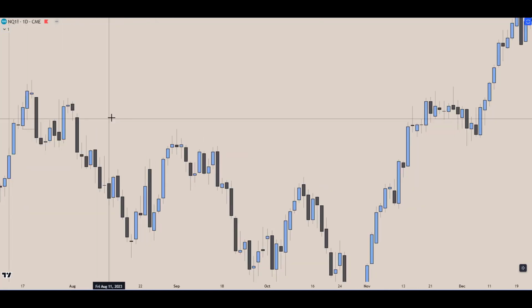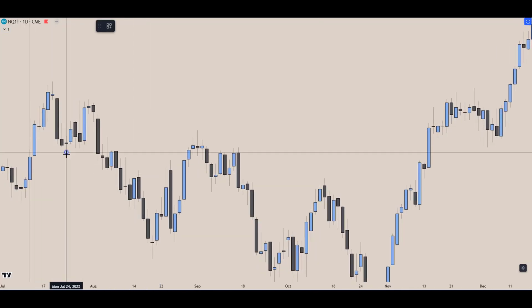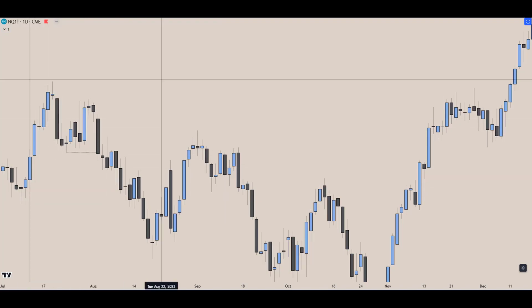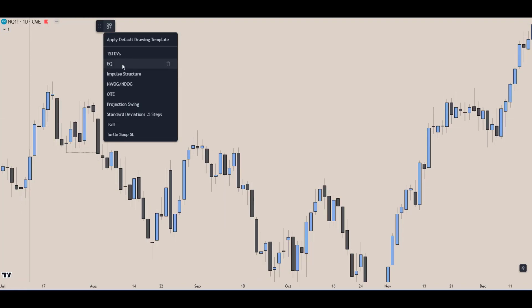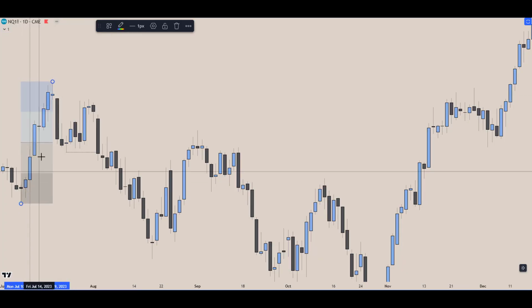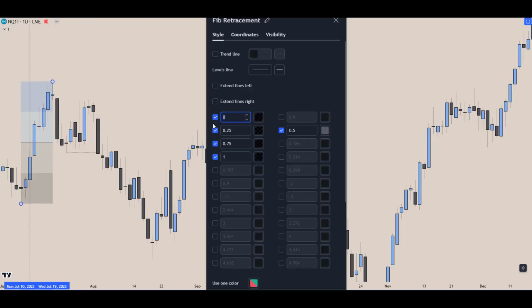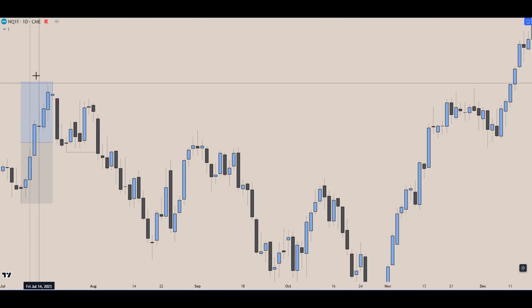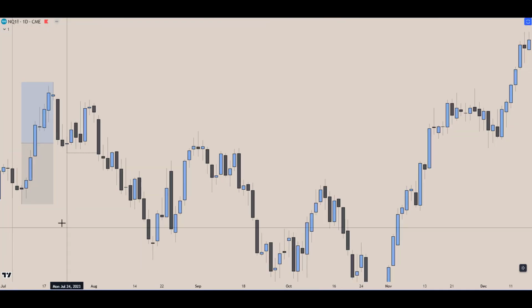Now, if you wanted to be safer, then you could have just waited for this low over here where we clearly traded back into the range of this previous range. Actually, you know what? I'm just going to move this line back a little bit so you can pay attention to this range. Okay, so we trade into the discount, right? So now that we're in discount, we failed to push past this previous range high.